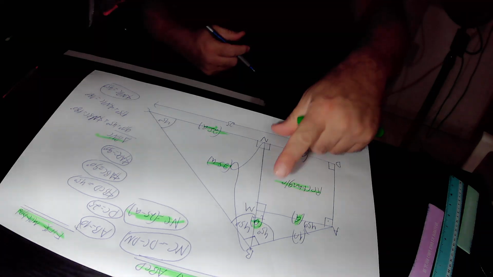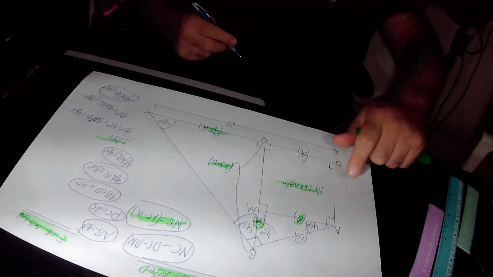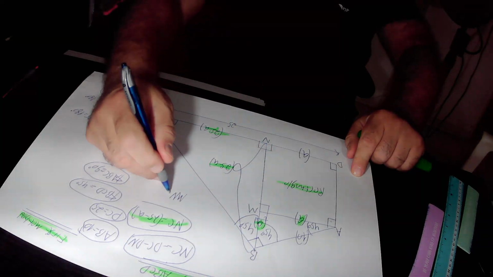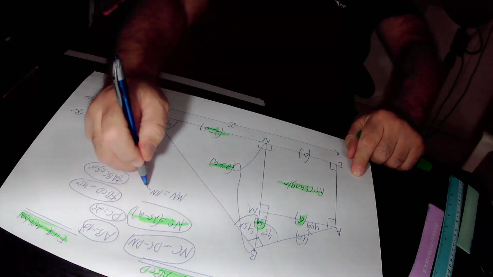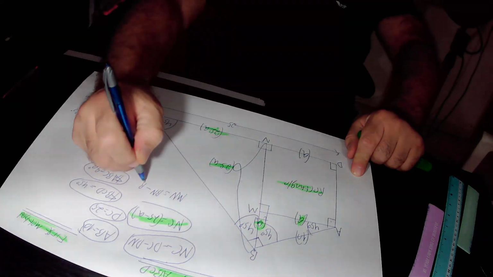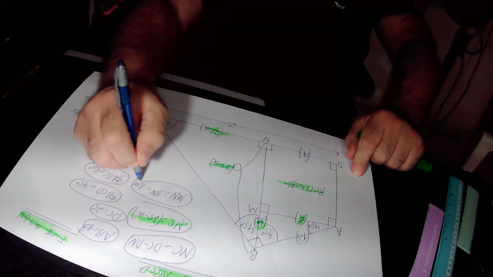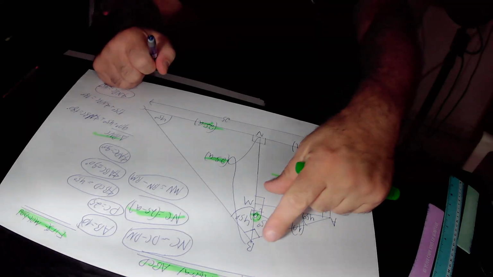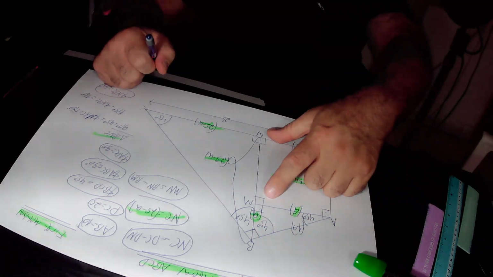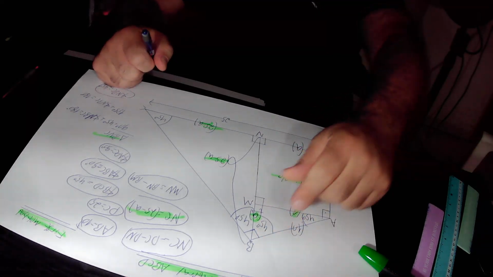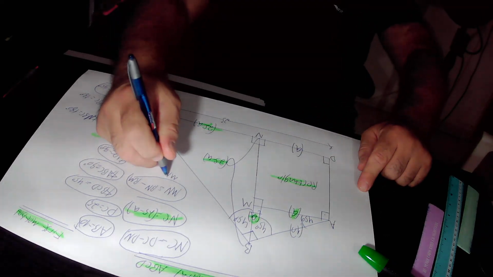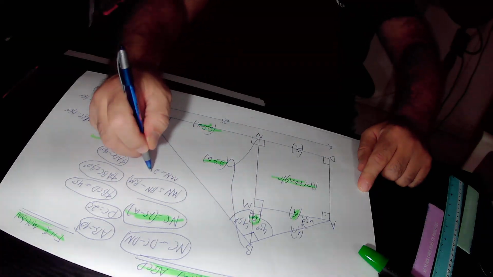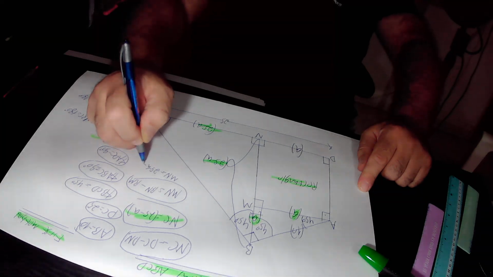What is the length of MN? MN equals BN minus BM. So MN equals 25 minus A, minus BM.